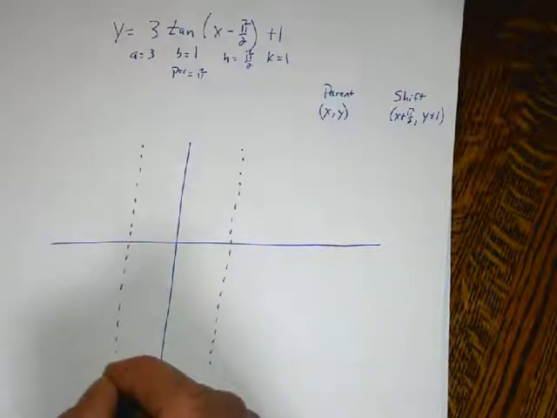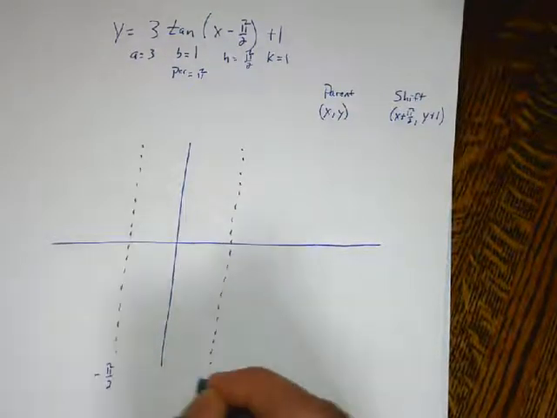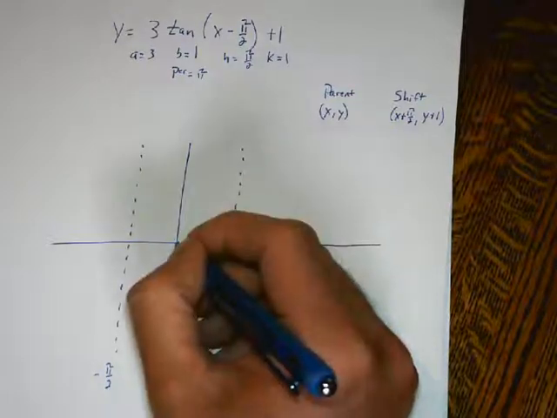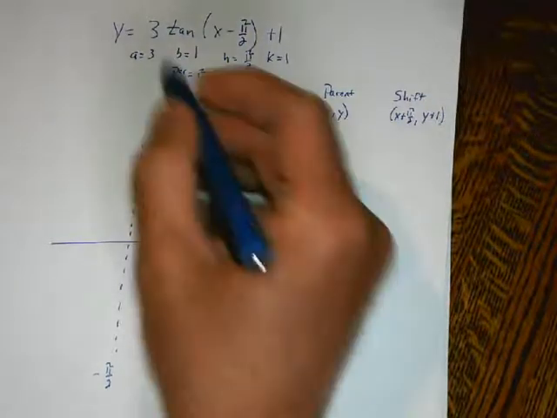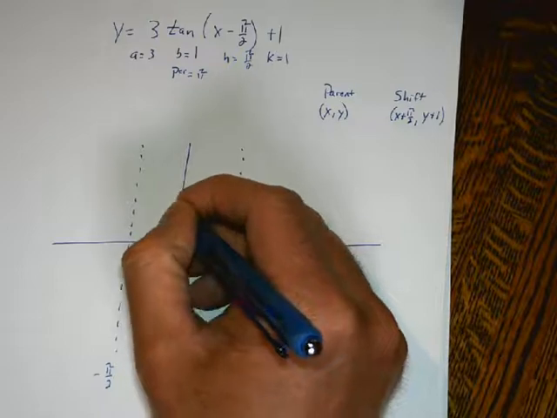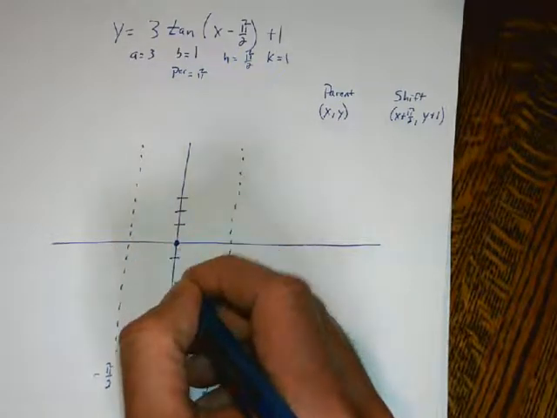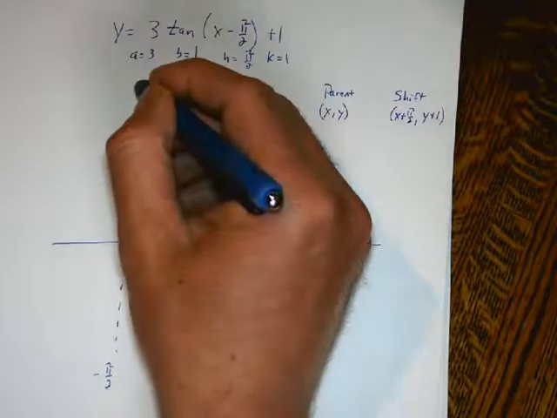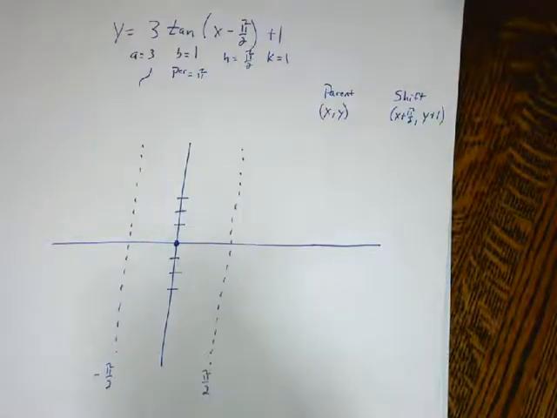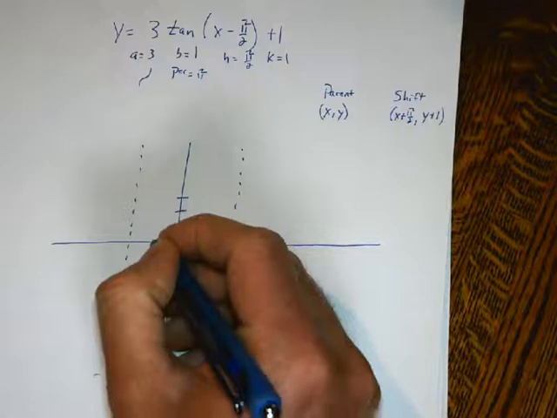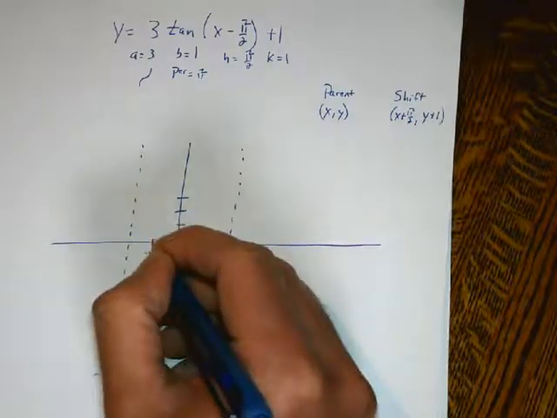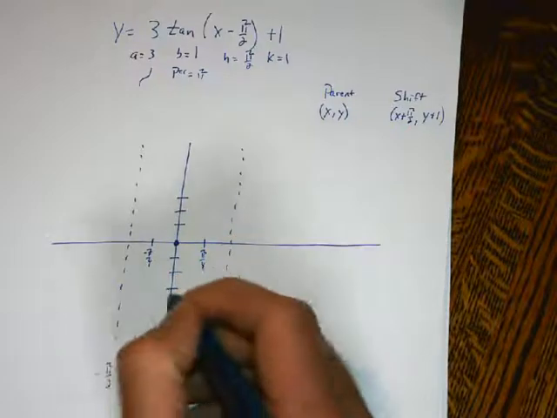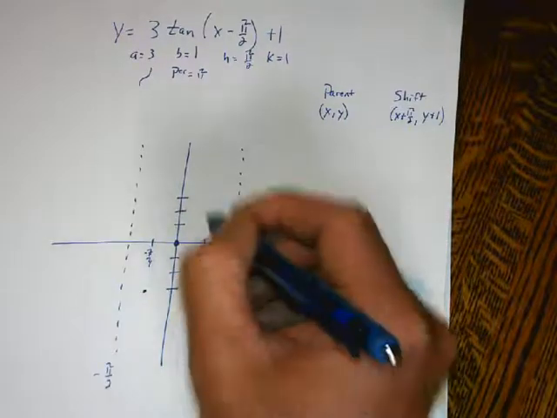So we label it negative pi over 2, positive pi over 2. We know it's going to go through the origin, and we have an a value of 3. Since our a value is positive, that means this curve is moving up and right. So our halfway spots at negative pi over 4 and positive pi over 4, we're at negative 3 and at positive 3.